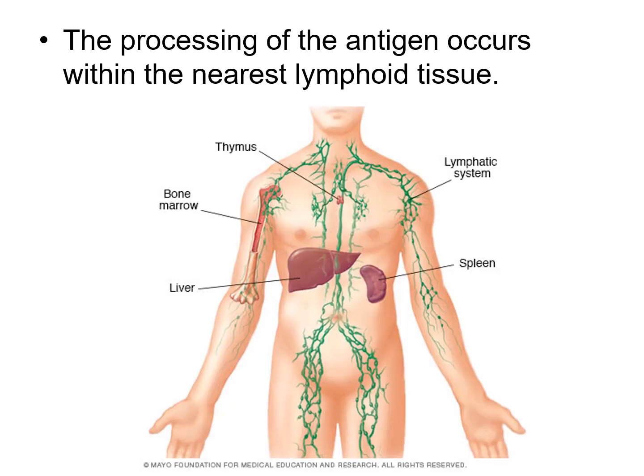The processing of the antigen occurs within the nearest lymphoid tissue. So after the phagocyte devours the foreign substance, it's going to move through the bloodstream or lymphatic system until it gets to the nearest lymph node.